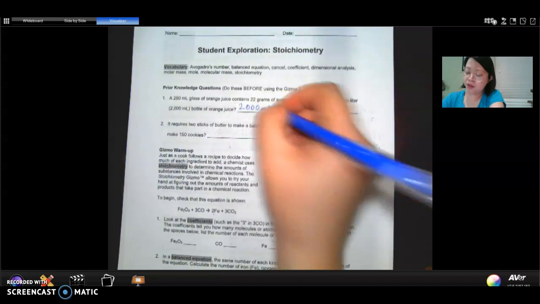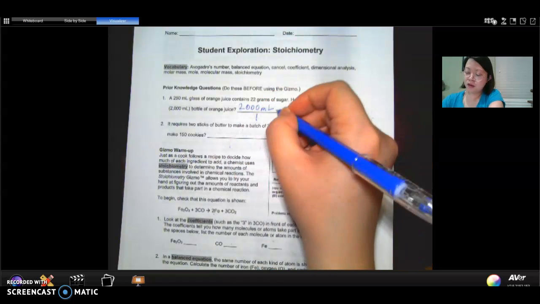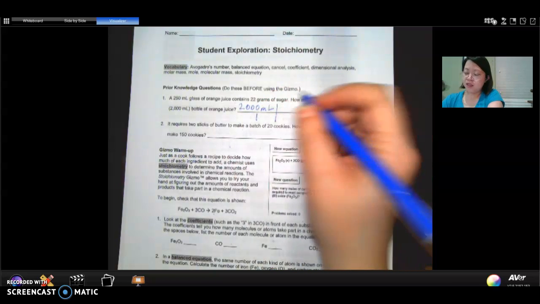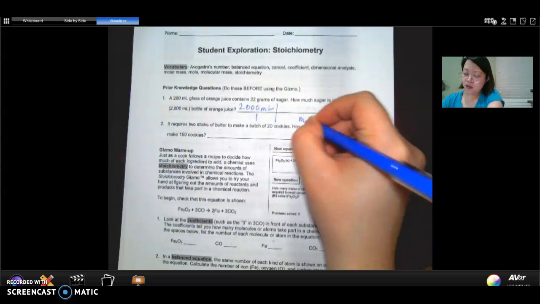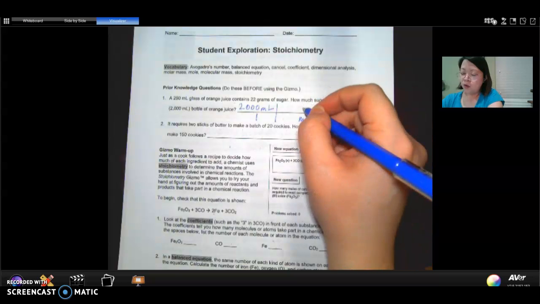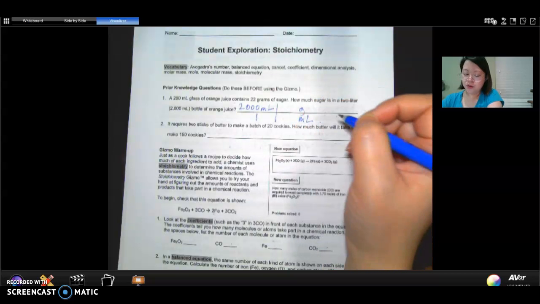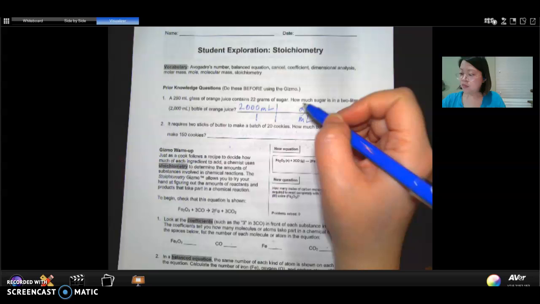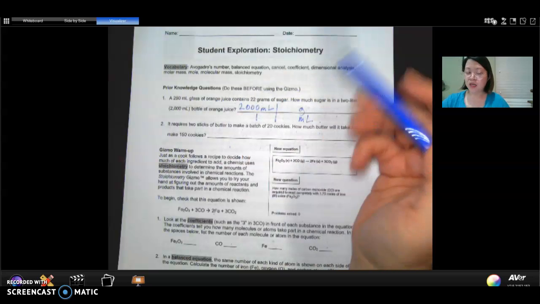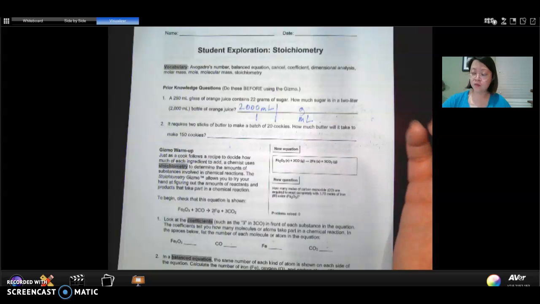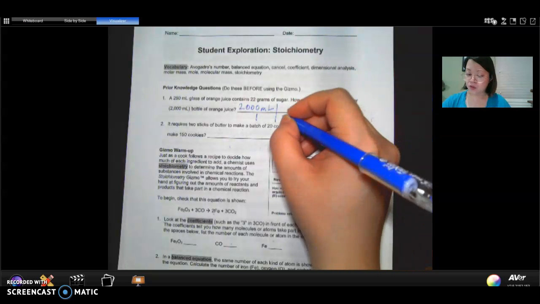So 2,000 milliliters over 1. And then since this is milliliters, we've got to bring that down here. And then we're wanting grams of sugar. So that goes up top. And then we're going to be using these numbers that they gave us as our conversion factor.